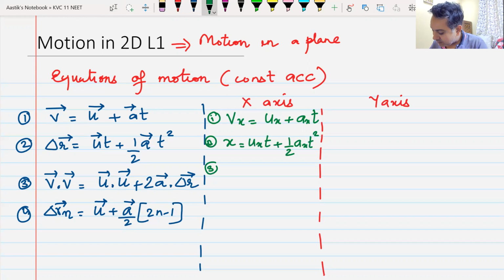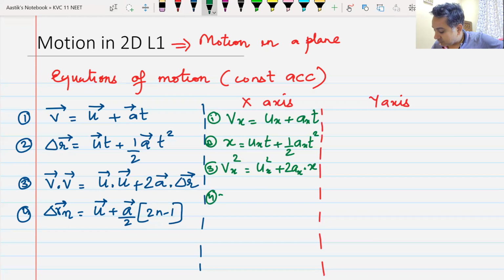The third equation I can write as vx square is equal to ux square plus 2 times ax multiplied by x. What I have done here is I have written velocity as vx, that means velocity along x. Ux means initial velocity along x. Ax means acceleration along x. Do we understand this?